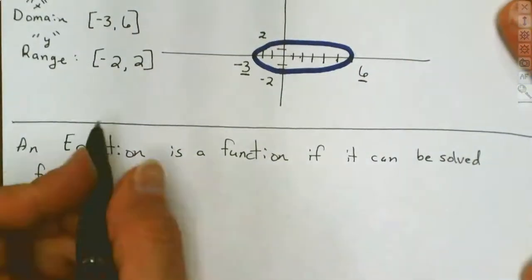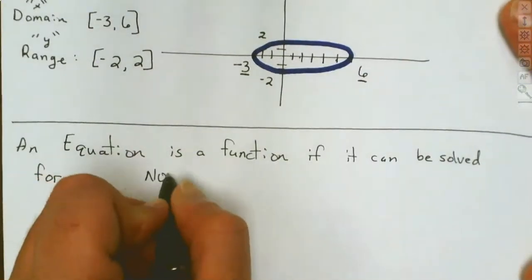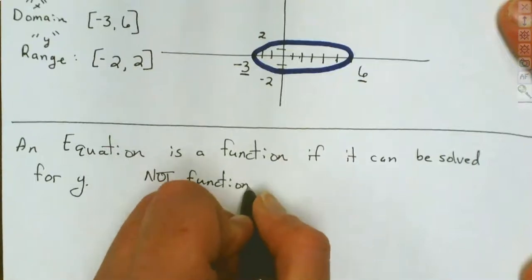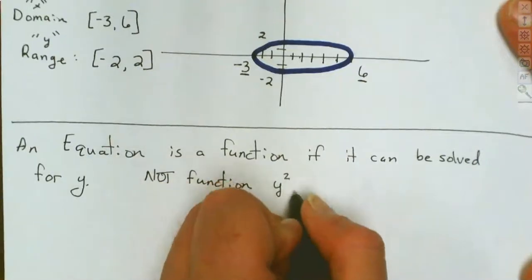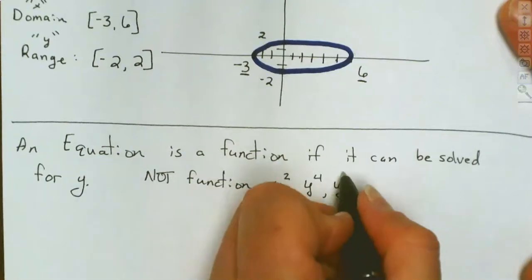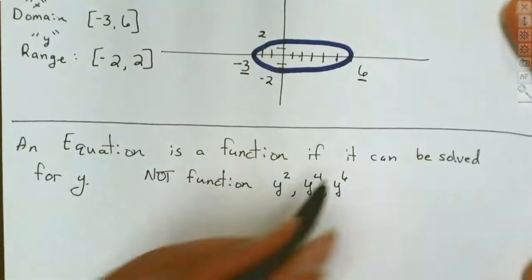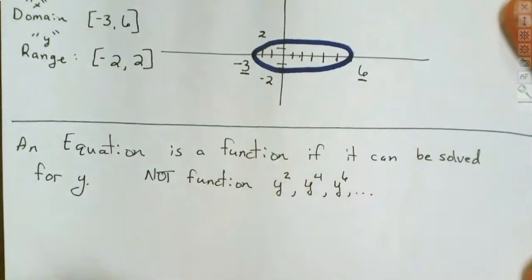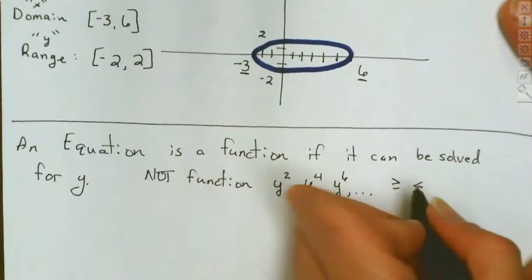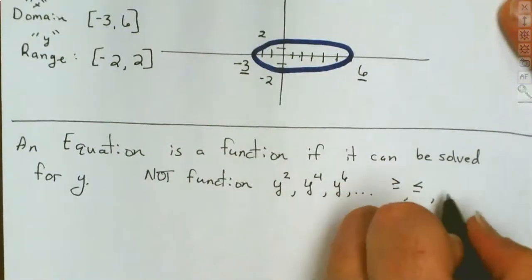And so that means these are not functions. Y squared, y to the fourth, y to the sixth, any of those. You continue that pattern onward. Also, inequalities. These are not functions because of the shading.